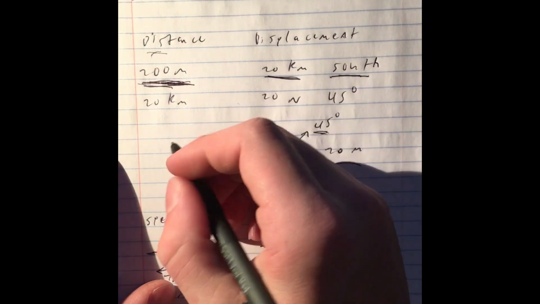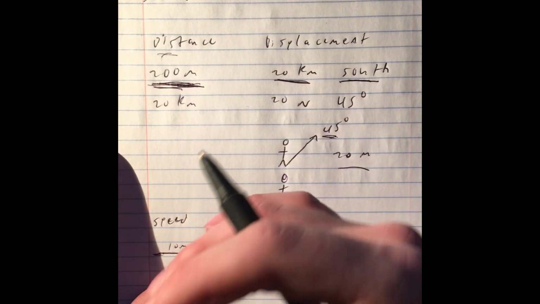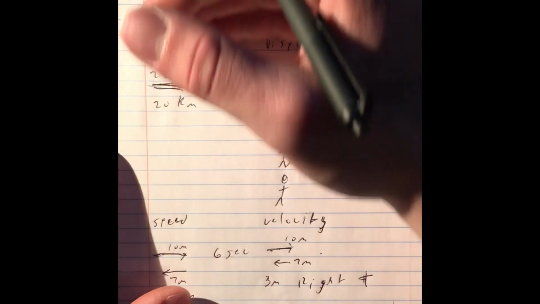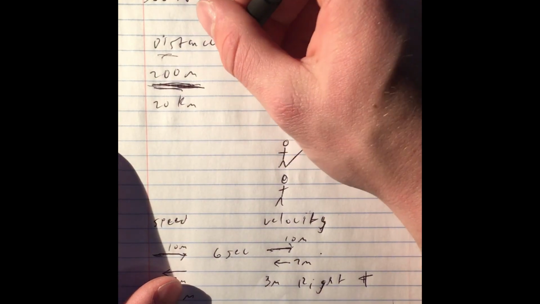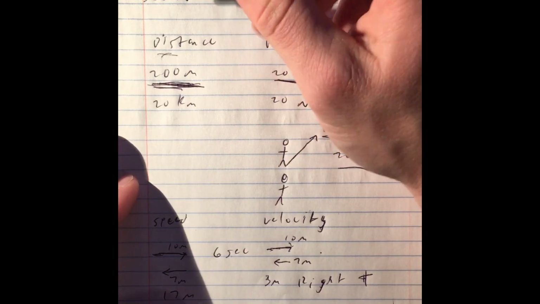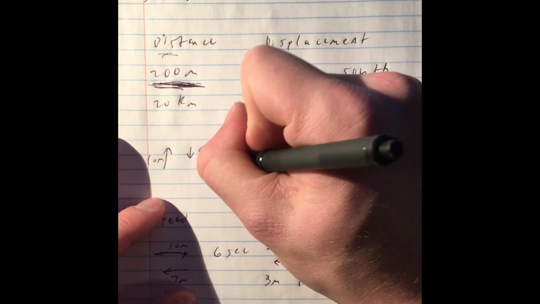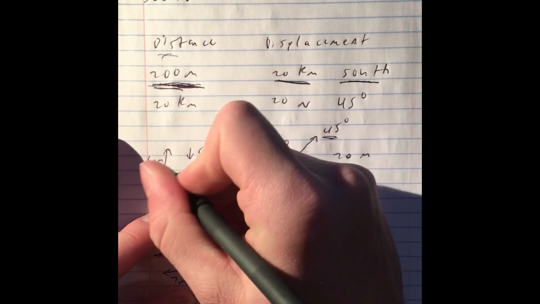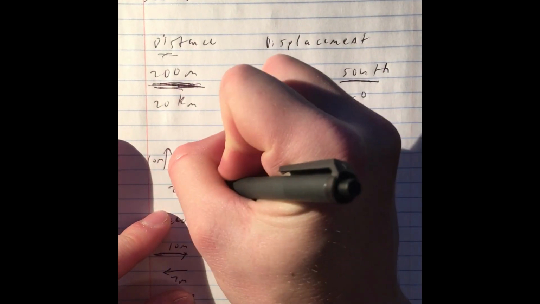And then distance is just the total amount of change in an object's position over time. So if an object moves up 10 meters and then down 5 meters and then up 12 meters, its distance traveled is going to be 27 meters.